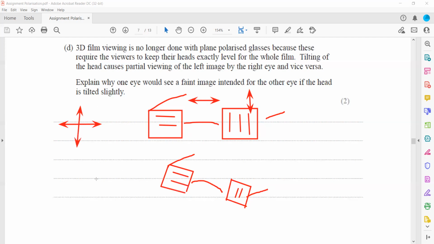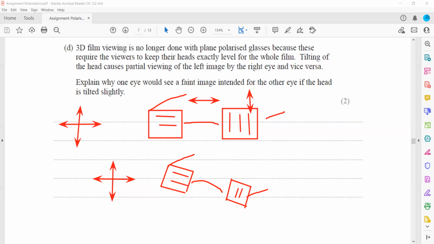But here you can see light is coming in the same vibration, but the plane is not exactly parallel to the horizontal or vertical component. So as a result, a small component of light is able to pass through.